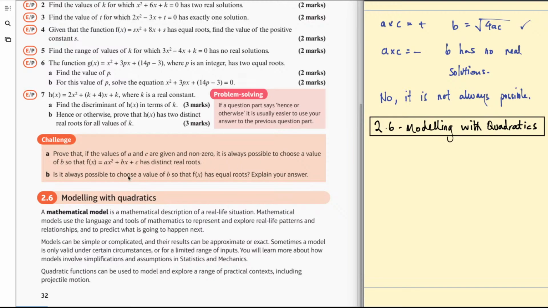So modeling with quadratics. A mathematical model is a mathematical description of a real-life situation. Mathematical models use the language and tools of mathematics to represent and explore real-life patterns and relationships, and to predict what is going to happen next. Models can be simple or complicated, and the results can be approximate or exact.